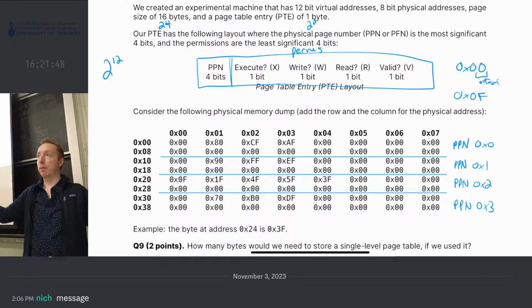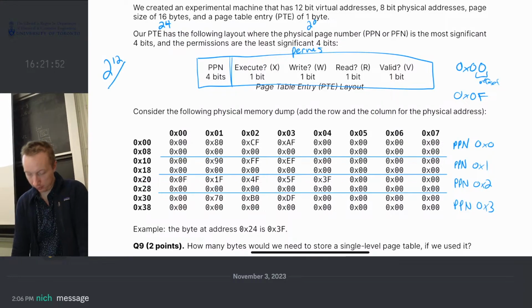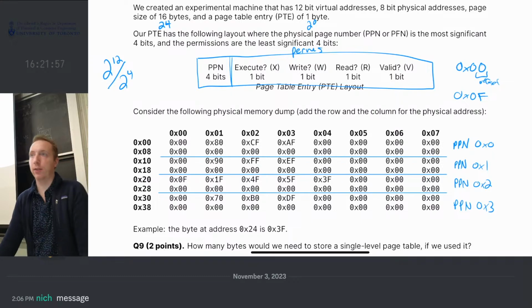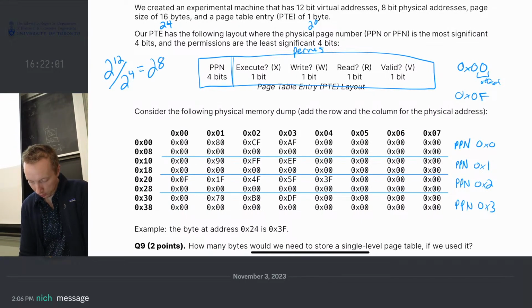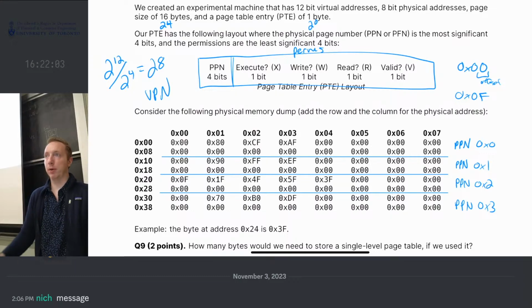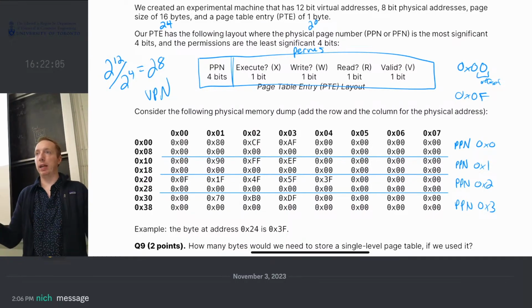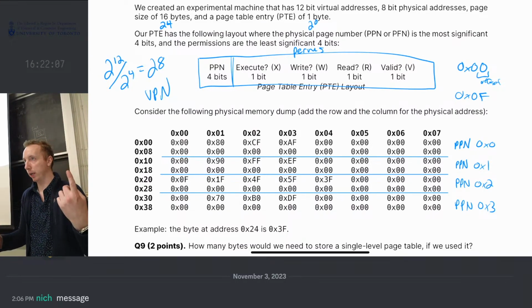Then to figure out how many virtual page numbers I actually need to support, I just divide that total by the page size, which is 2 to the 4. So that means I need 2 to the 8 virtual page numbers in my giant page table if I just use a single page table.